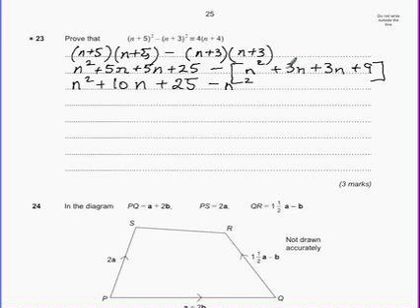Next, I've got a plus 3n. Because it's got a minus in front of the bracket, it's going to become a minus 3n, because minus and a plus makes a minus. You can also think of it as having an invisible 1 there, and you're multiplying that minus 1 with every single one of them, and that's why the sign is changing.